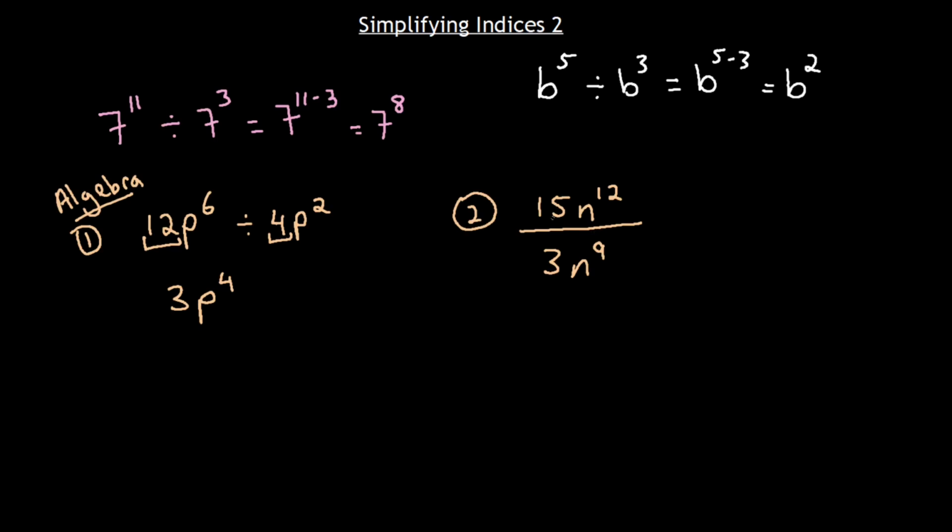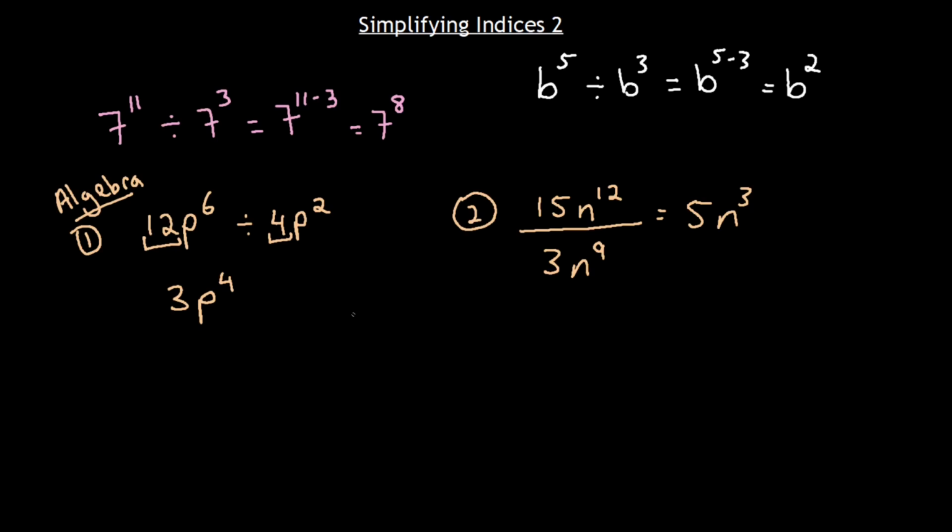So it's 15 divided by 3. 15 divided by 3 is 5, and then here we're dividing, so subtract the indices. So that'll be 12 take away 9, which is 3. Okay, and that's it.